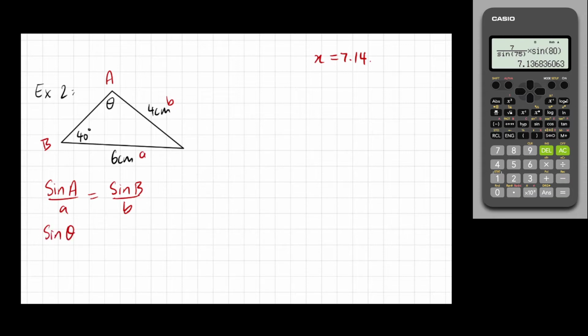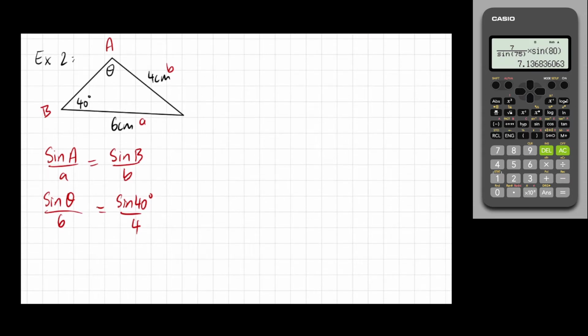So this is sine theta over 6 is equal to sine of 40 degrees over 4.